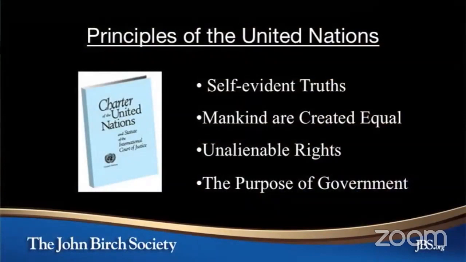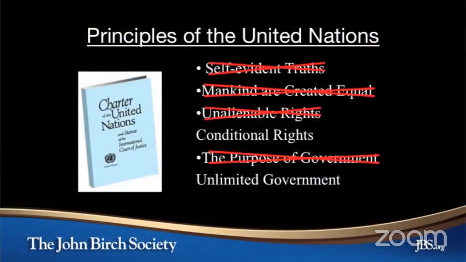If they don't come from God, well, they must come from government. And if they come from government, then government can take them away. And so by removing those things, these unalienable rights now become conditional rights. And the limited purpose of government now becomes unlimited. And that's exactly the philosophy that the United Nations is built upon.